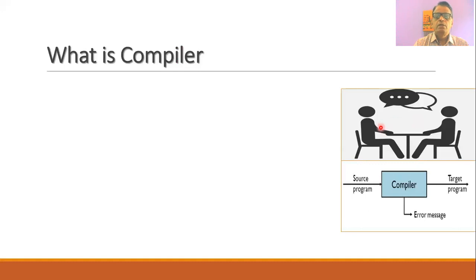But if a person knows, say for example, the Russian language, and the other person knows only a language like English, then it is not possible for them to communicate with each other. And therefore, when they want to communicate with each other, then they will require a third person who will be knowing both the languages, that is Russian as well as English.